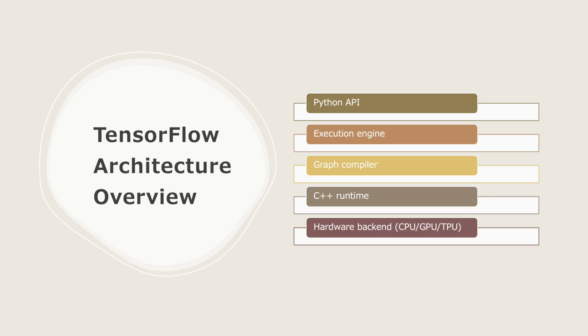This layered architecture allows TensorFlow to be both user-friendly and high-performance. You can write code at a high level in Python, while TensorFlow handles optimization and execution behind the scenes. So, the key idea is that TensorFlow separates what the developer writes from how the computation is actually executed on hardware.